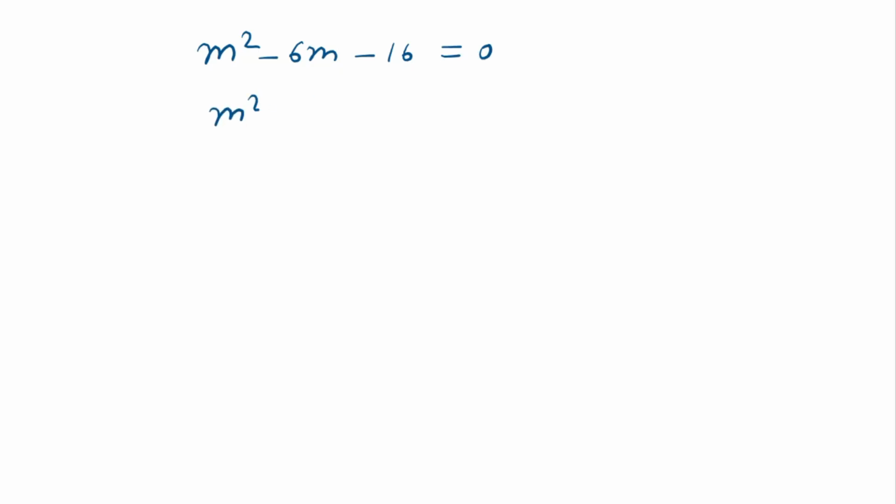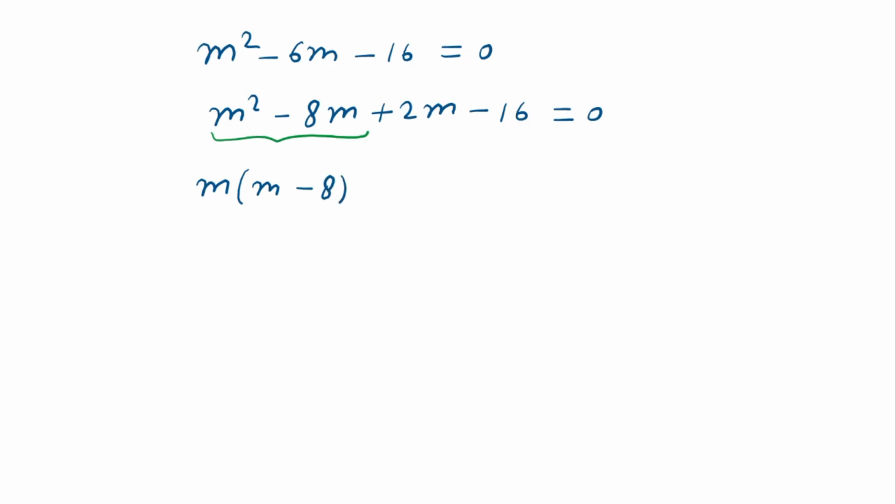m² − 6m is the same as m² − 8m + 2m − 16 = 0. Look carefully at the first two terms. If we take m common, then m²/m gives m, and −8m/m gives −8. And look carefully at these two terms.